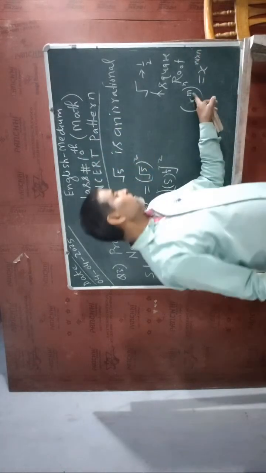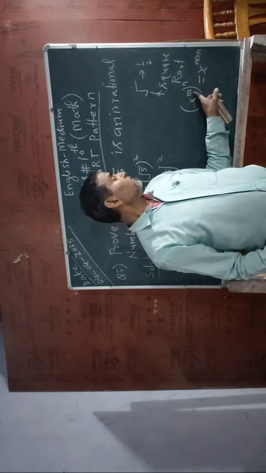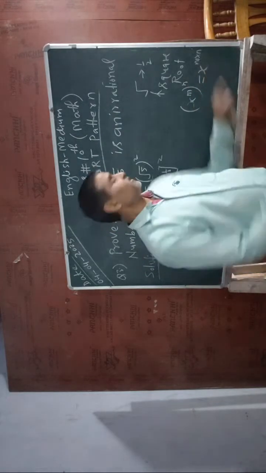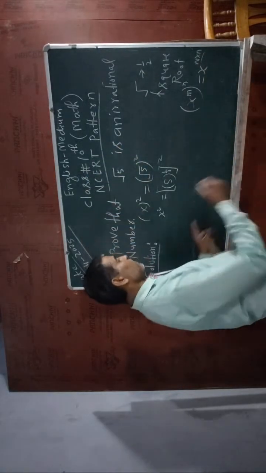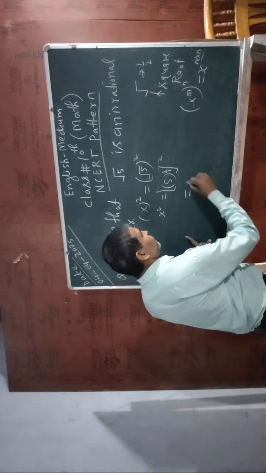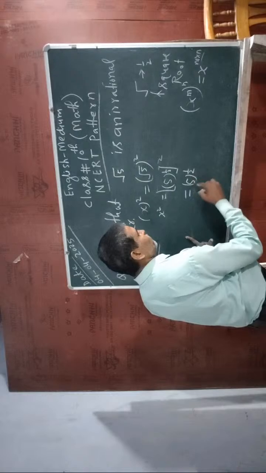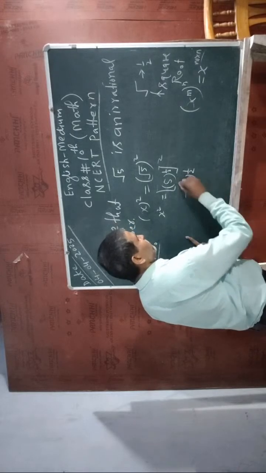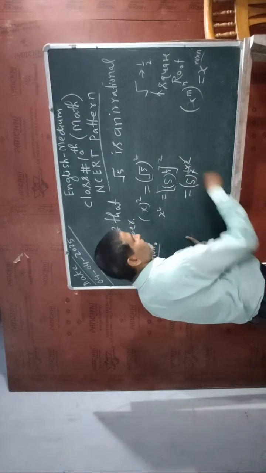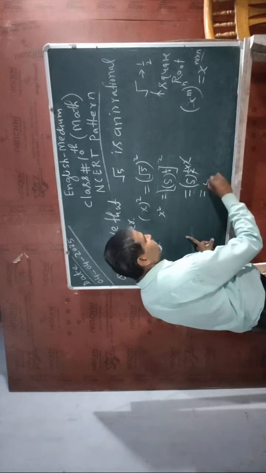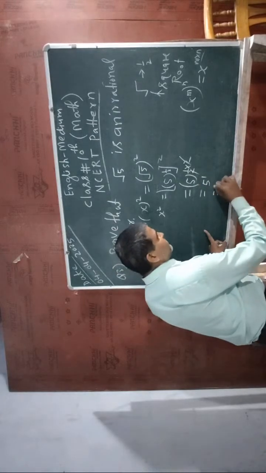It means that base will be x, and power into power, that is, multiplication of powers is existing. I will apply this concept here. After application, I will get its value 5 to the power 1 by 2 into 2. So this 2 and this 2 will be cancelled out. On the 5 I will get 1. So it means 5.